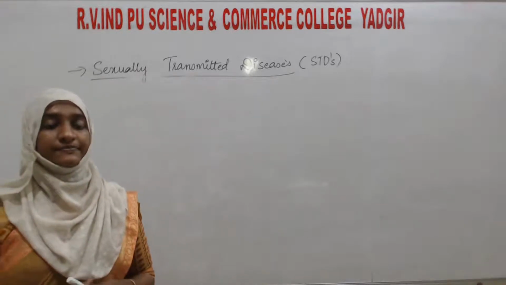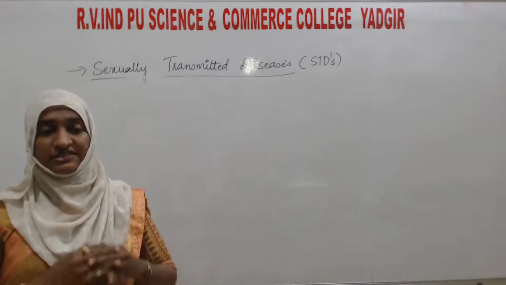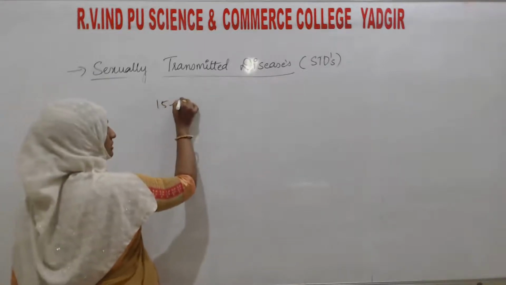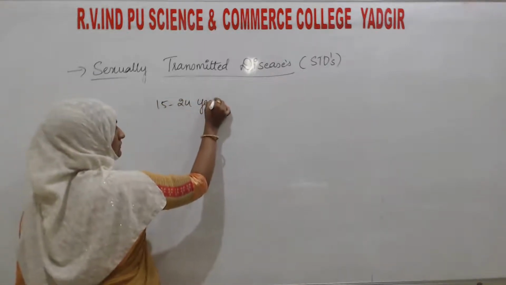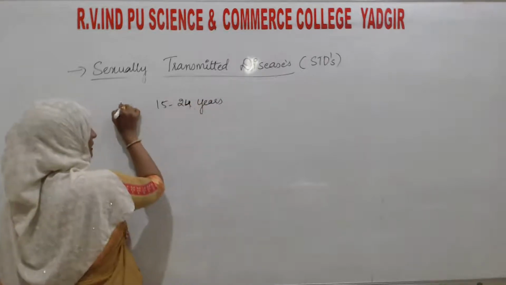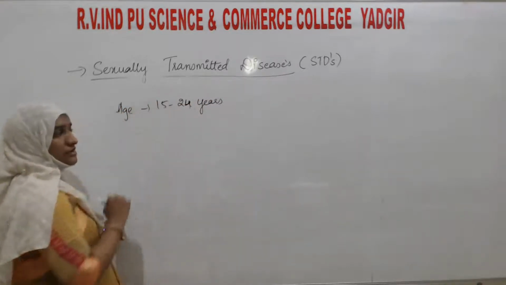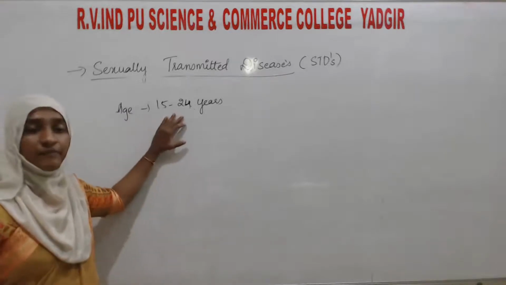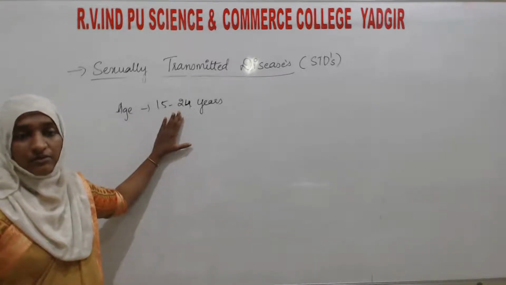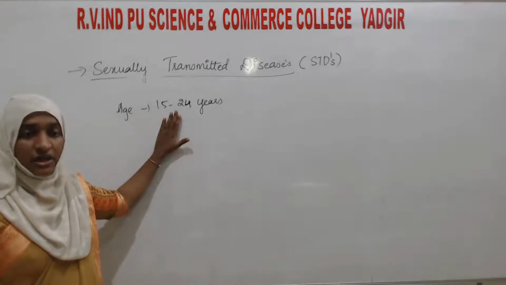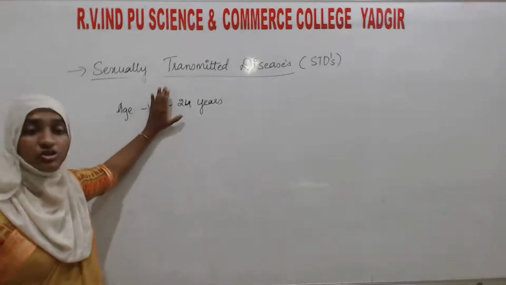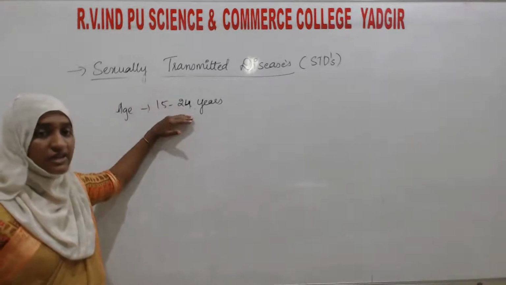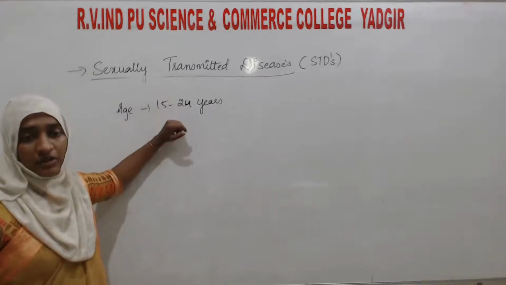And one more thing, all these sexually transmitted diseases are common among the age of 15 to 24 years. In this age these diseases are common, because this is what we call the sexually active age in which they are going to reproduce. So during this age these infections are possible.